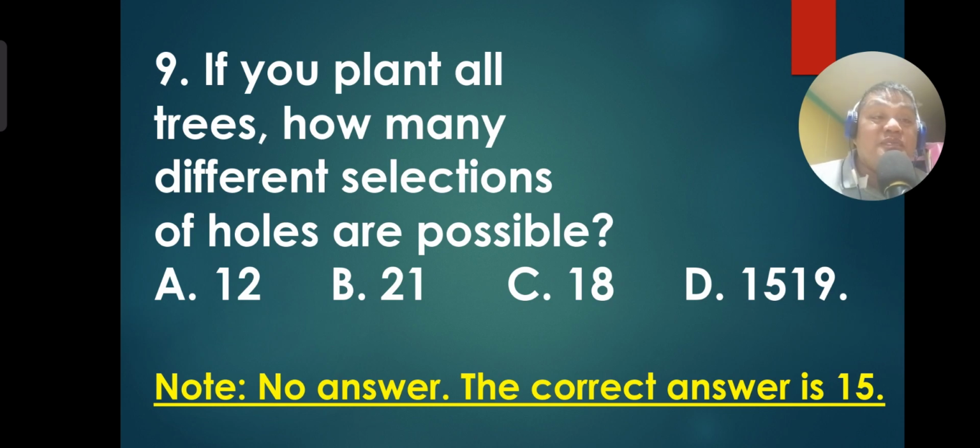It's letter D, but we have 1519. Instead of 1519, it's already 15, but there is no such answer here. And the correct answer is 15 after using the formula in finding the combination of n objects taken r at a time.